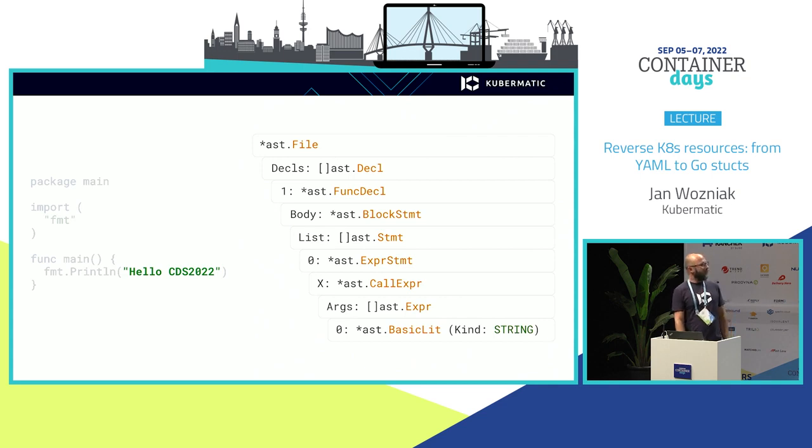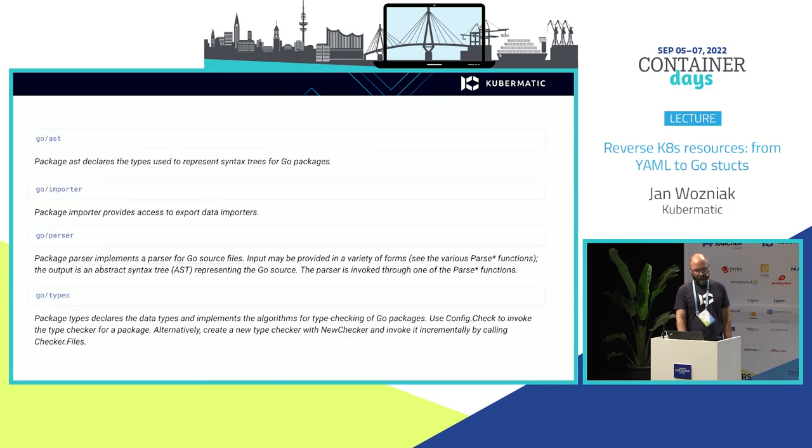Powerful thing, but also can be a little daunting. And once you get used to it, you can do a lot of interesting stuff. In the case of reverse cube resource, these are the packages that belong to the AST family and that I have used.